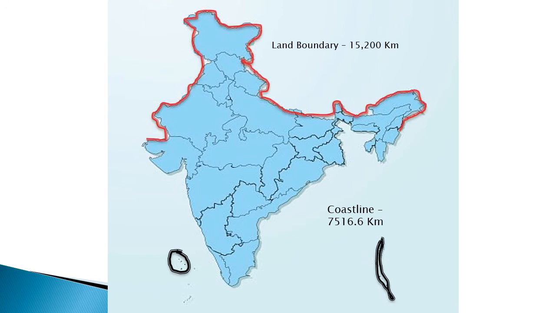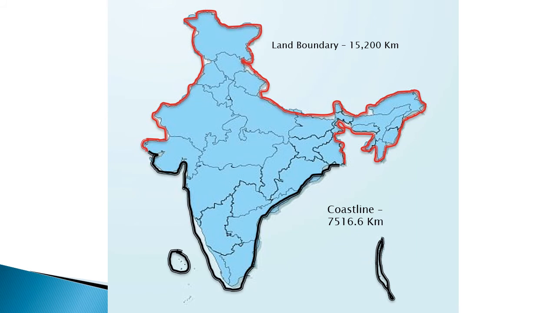The red marking on your screen shows the land boundary of India, and the black marking shows the coastline of India. The land boundary of India is connected with neighboring countries, and hence India has a land boundary of 15,200 km.